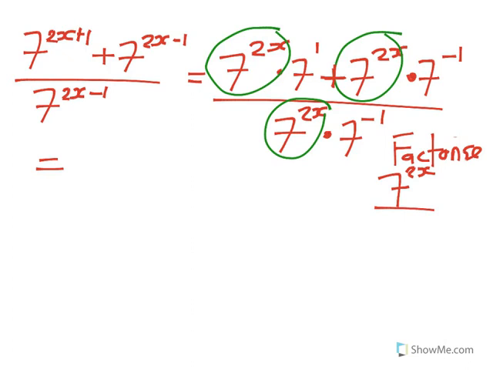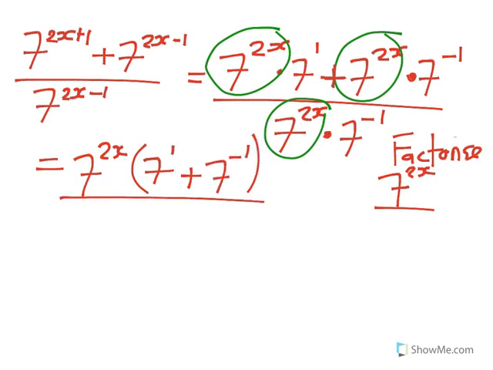When you factorize 7 to x out, look what you're going to have inside: 7 to the power 1, that's what is remaining, plus 7 to the power minus 1, close it, over 7 to x dot 7 to the power negative 1. We don't have to factorize at the bottom because it's just one thing.